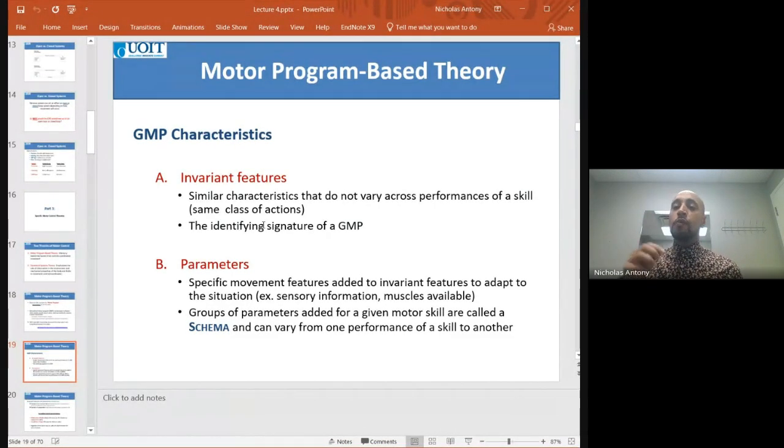Coordination is how we take that program and alter it for the environment: the size of the cup, the distance of the cup, whether or not things are unbalanced, the features of that specific situation. What they called that was parameters. So the parameters of the situation are factors in the environment that are added to the program to complete it for that situation, and then it's sent out.